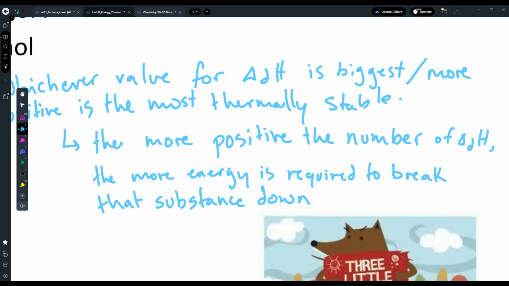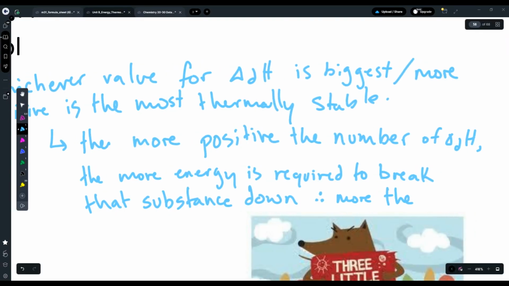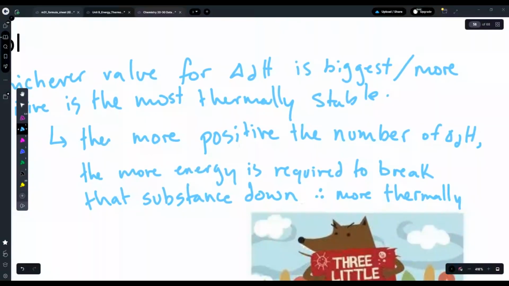Okay. Therefore, it's going to be more thermally stable. So, I'm repeating this quite a bit because it's important. Can I fit in stable? No. Okay.